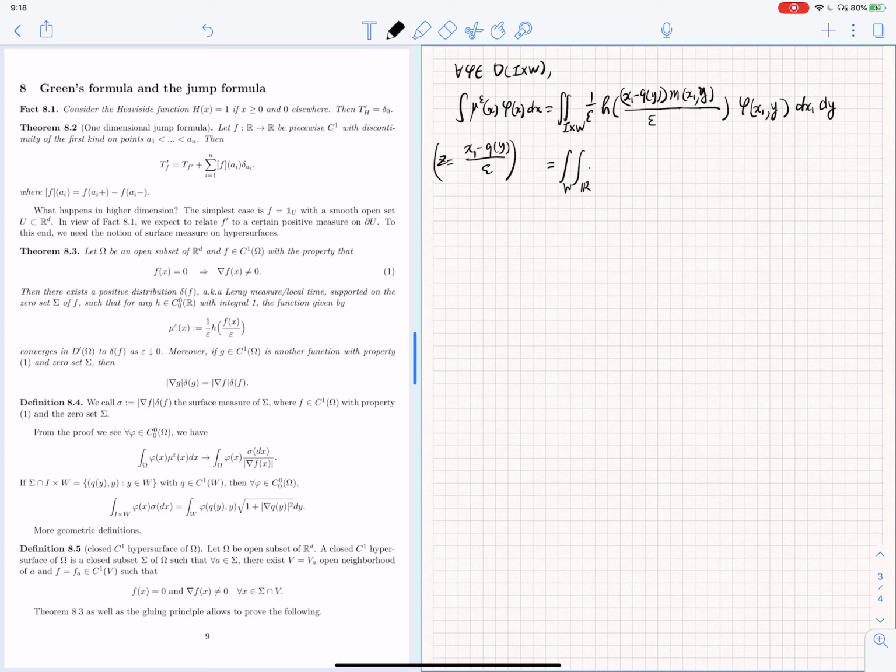Okay, so after doing the change of variable, this becomes z times this quantity, but we also have x1 inside the m function, so we need to replace it by a function of z. We are going to have z times m of, we replace x1 by z epsilon plus q of y, this is the first variable, and the second variable is just y.